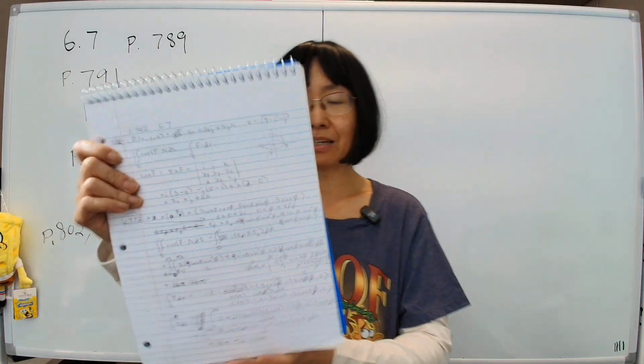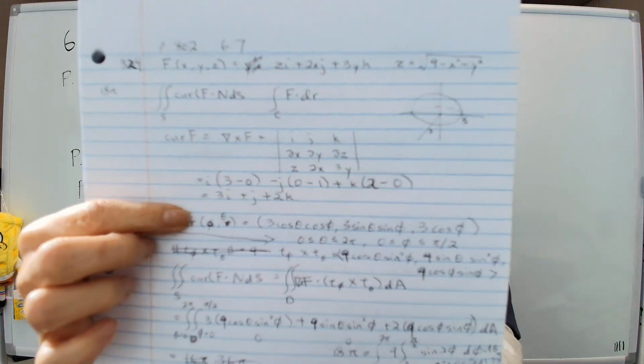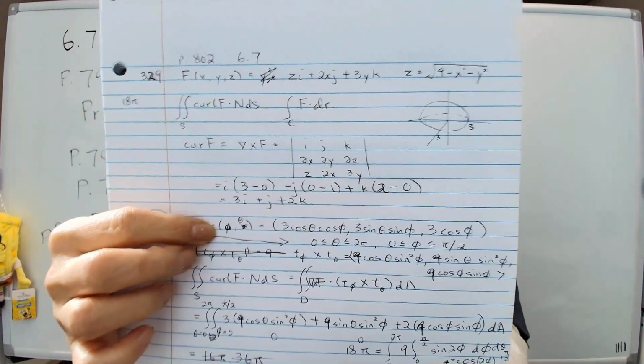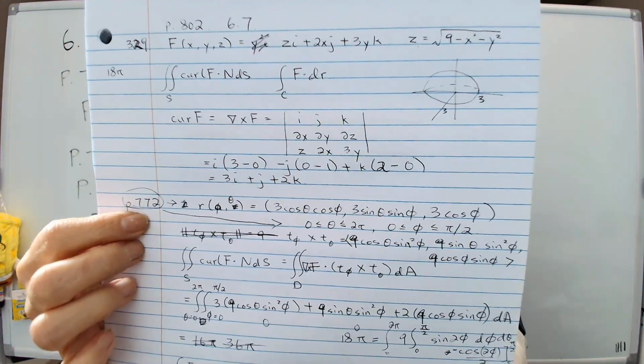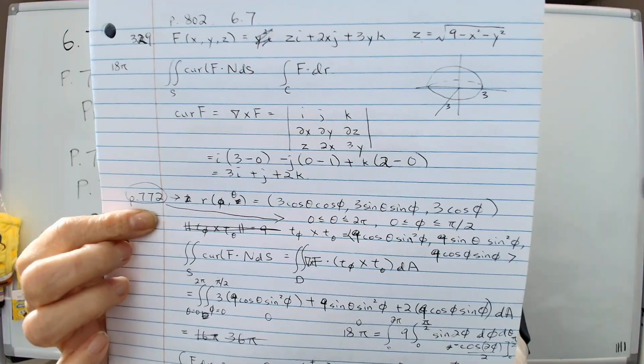It might be hard either way, okay? So maybe that's a reasonable parameterization. But anyway, I parameterized it from the sphere, copying from page 772 where it's already done.